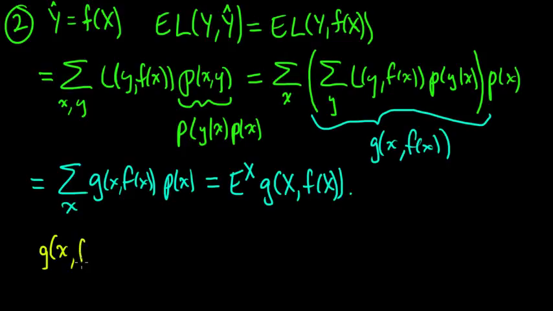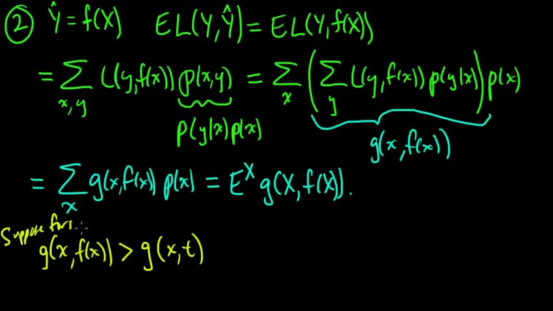So for some x, our function is doing this thing, and let's say that that's strictly greater than g of x and t, for some t. So suppose for some x and t, this holds.